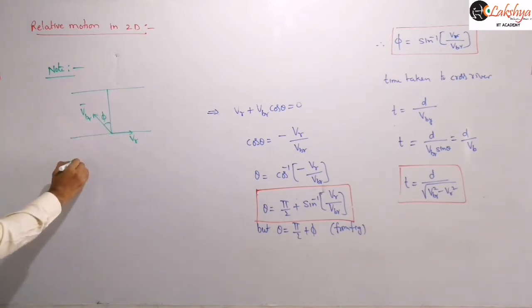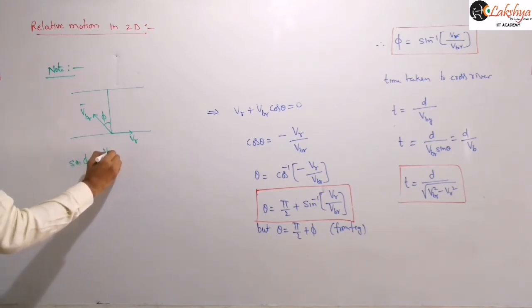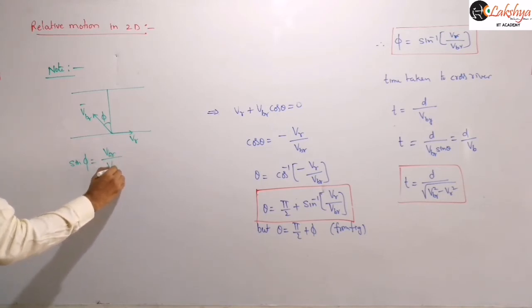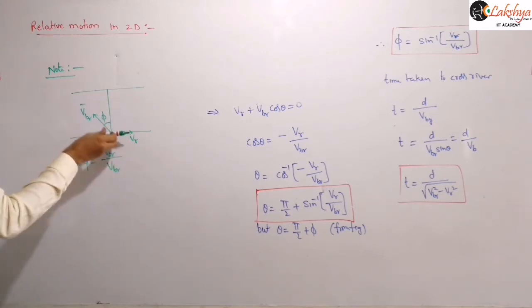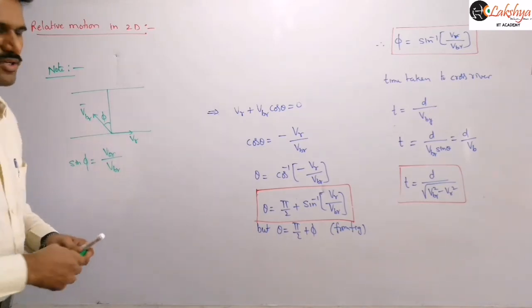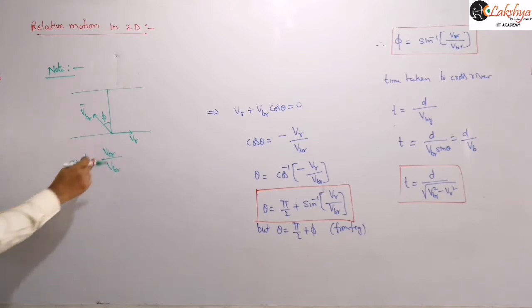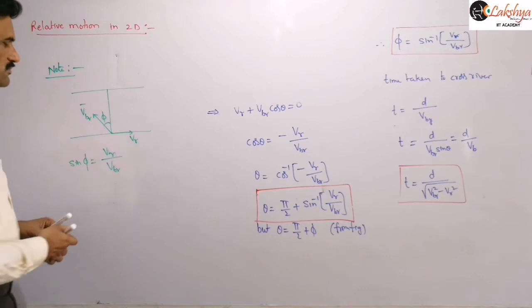To cross the river in the shortest possible path, sin phi should be equal to VR by VBR. We just displace this vector parallel to itself. You know, a vector can be displaced parallel to itself so that it forms a triangle, as we discussed in the previous explanation. So now this is our VR by VBR, right?